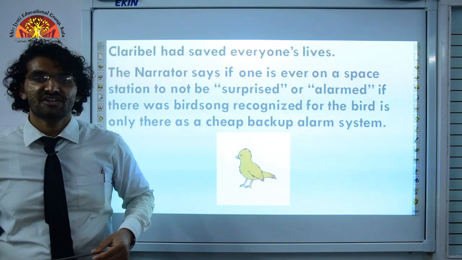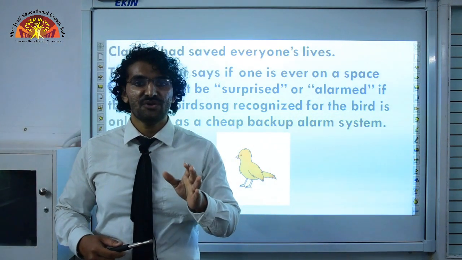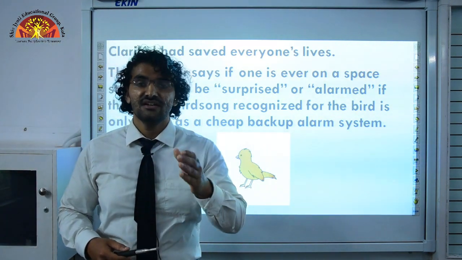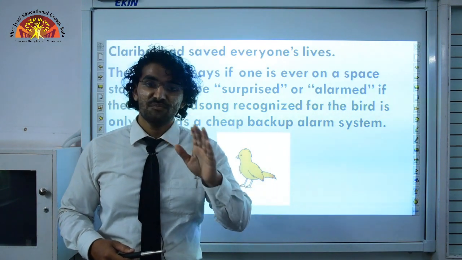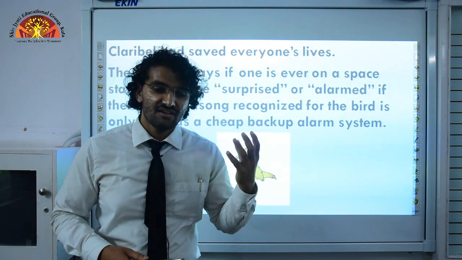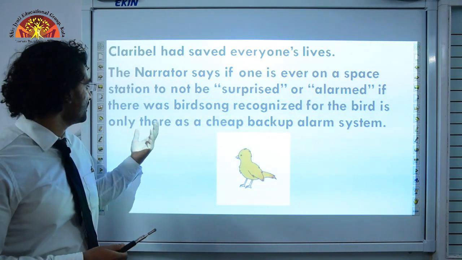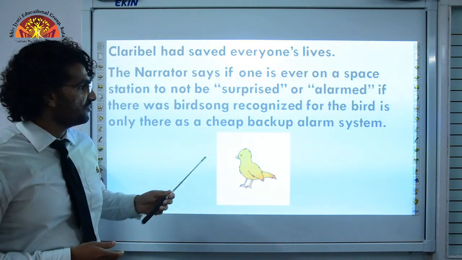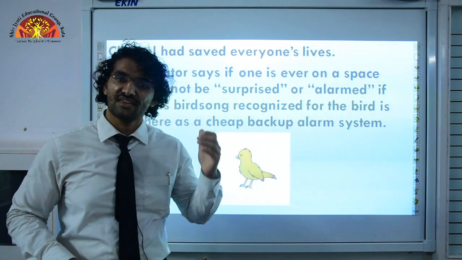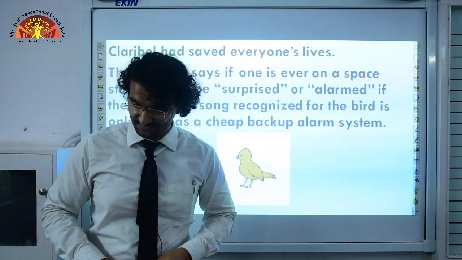In the end, the narrator says, if any one of you ever goes to visit a space station, do not be surprised if you hear the familiar voice of a bird, because that is only there as a cheap alarm system.